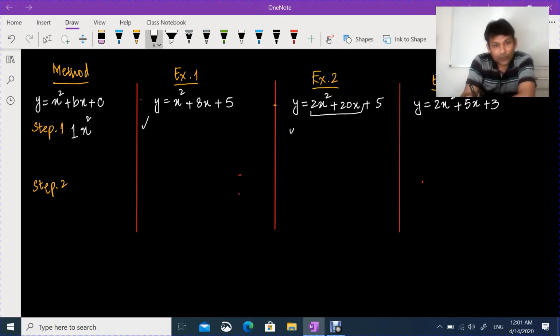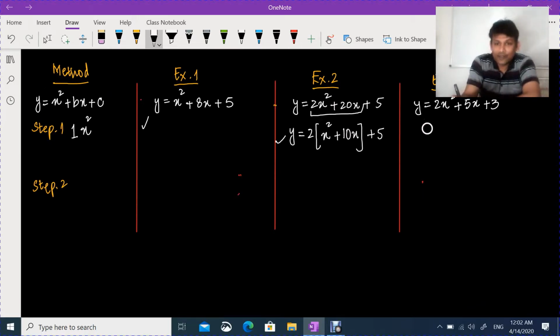What is common in these two? 2 is common. What is left? x squared plus 10x. Because I am taking common in the first two terms only, and the 5 I just copy. So step number 1 is done.